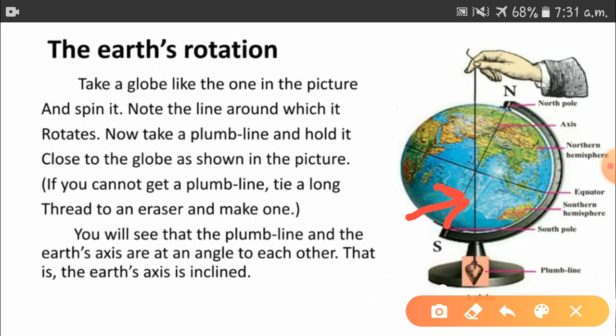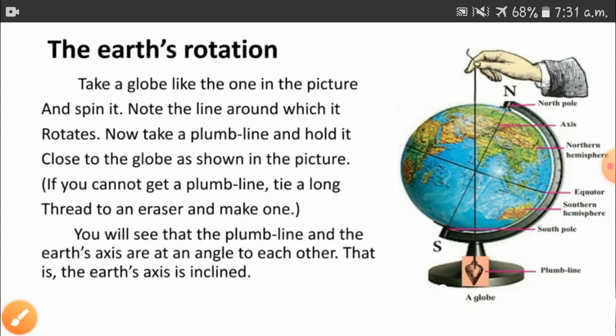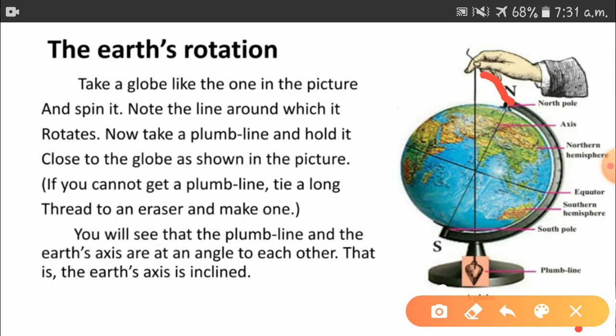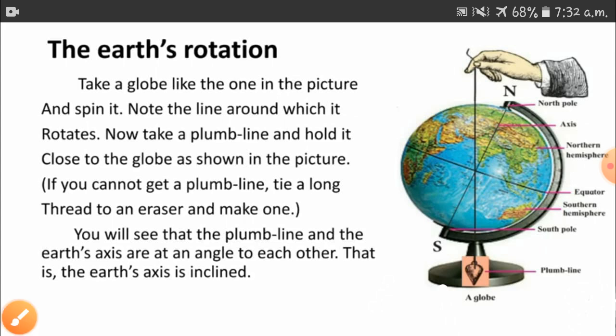They are angled to each other. That is, Earth's axis is inclined.